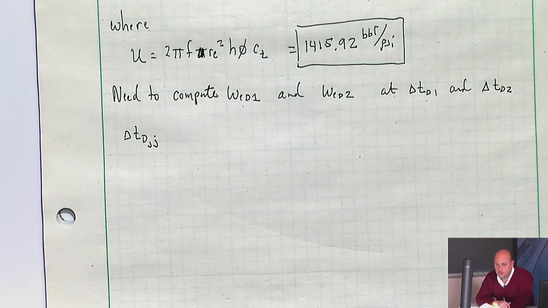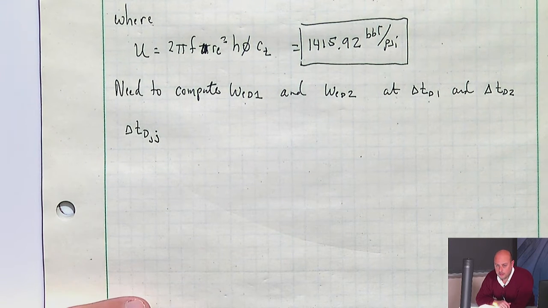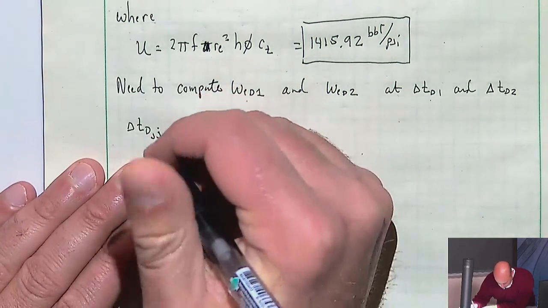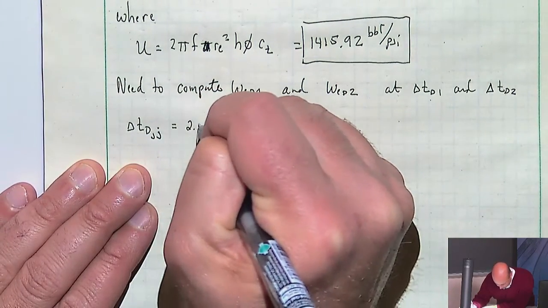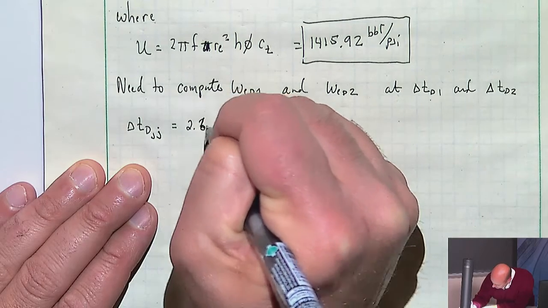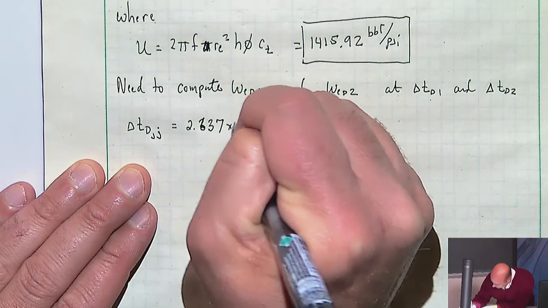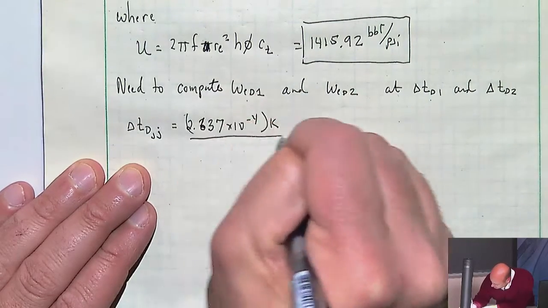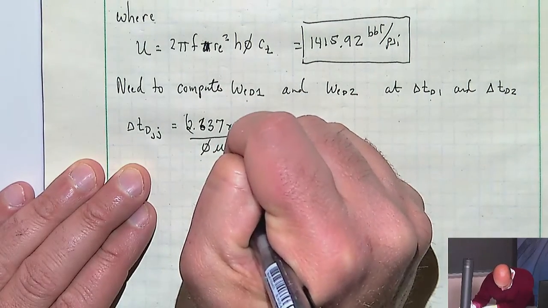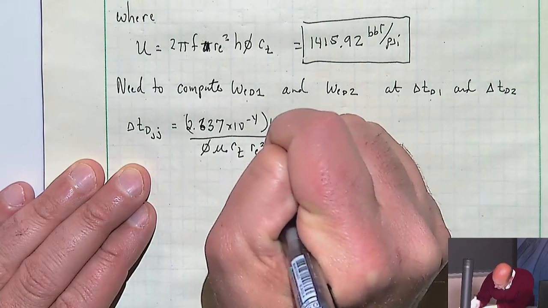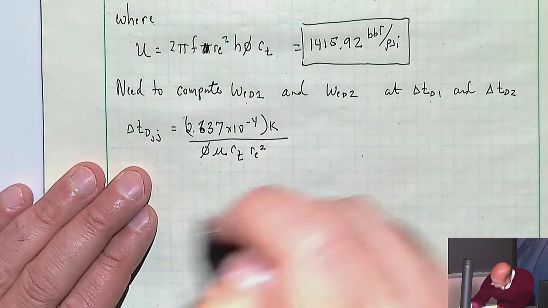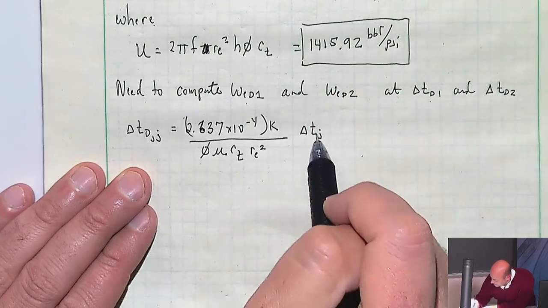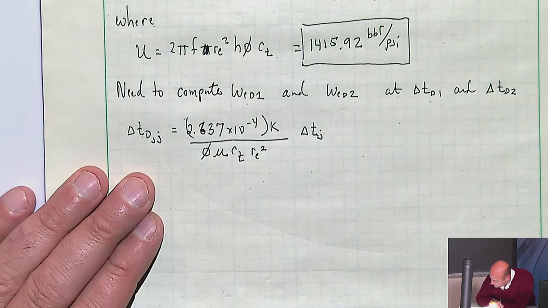J could be 1 or 2, or if this was a more complicated problem, it could be 3, 4, 5, 6, is equal to, this was in the PowerPoint notes, there's a conversion constant, 2.637 times 10 to the minus 4 times K over mu phi CT RE squared times delta Tj. So delta TD is the dimensionless form, this is the non-dimensional form.